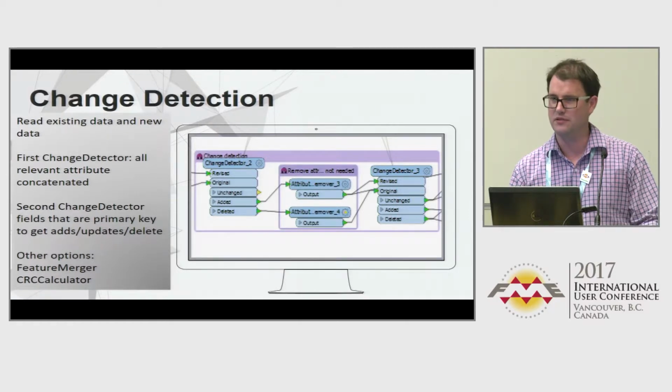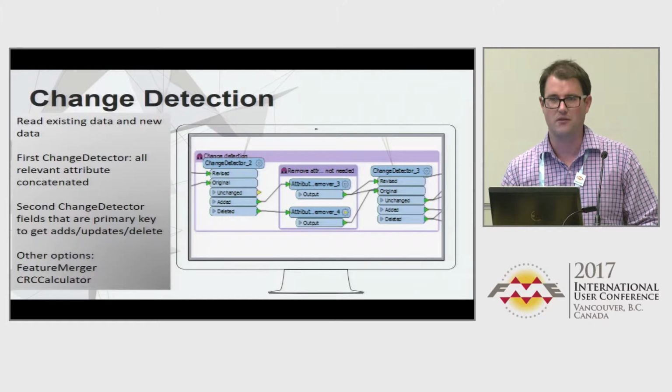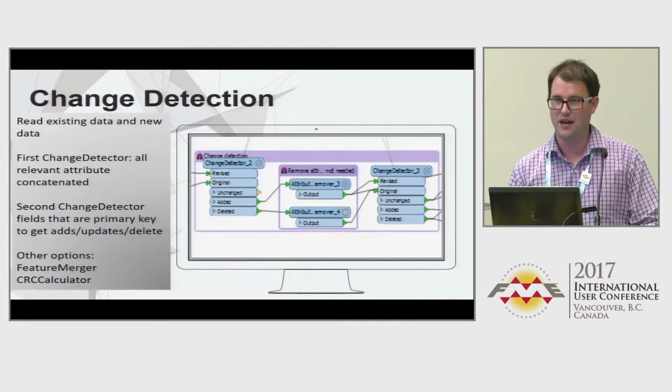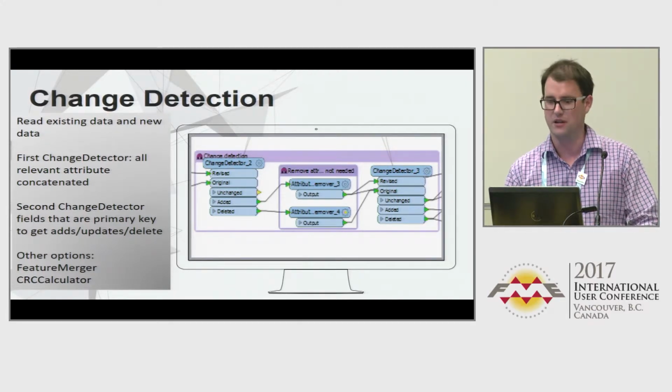If I talk about some of these files, the example files had 24 columns. If you go through it in the Change Detector and say compare these 24 columns, it becomes quite cumbersome because it's going to check each field.